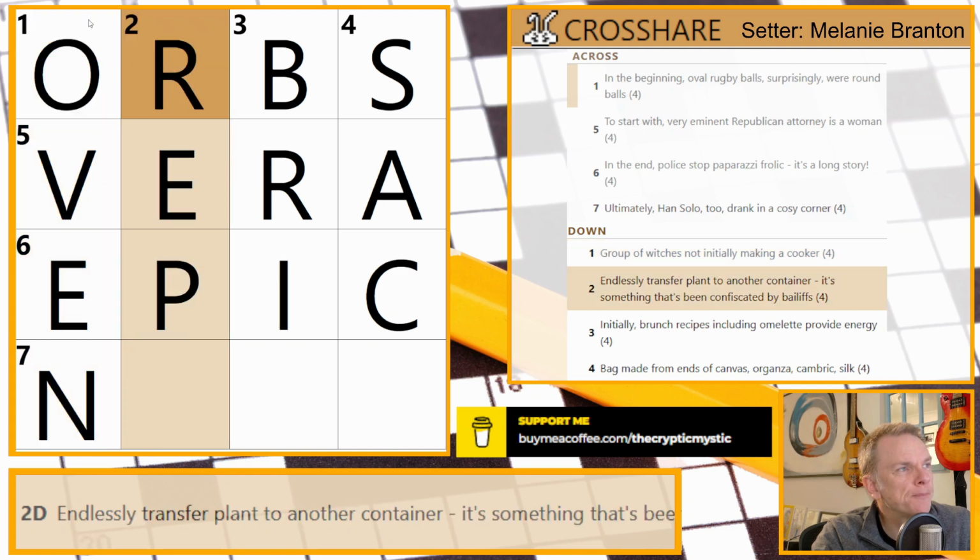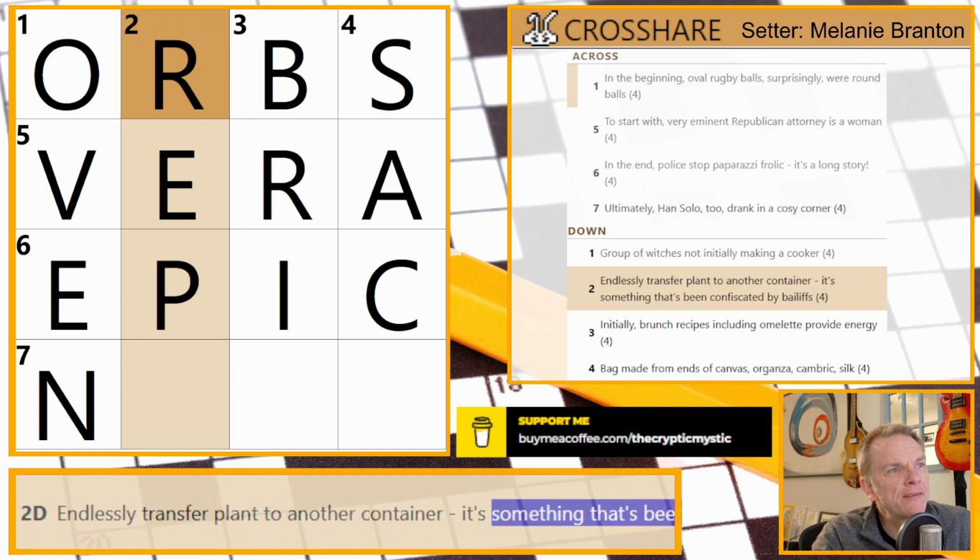Let's try 2 down. Endlessly transfer plant to another container. It's something that's being confiscated by bailiffs. What is that? What word do you think is the sort of cluey wordplay indicator there? Probably this word here, endlessly, isn't it? So we're taking the last letter off of something. And then the definition is going to be this end here.